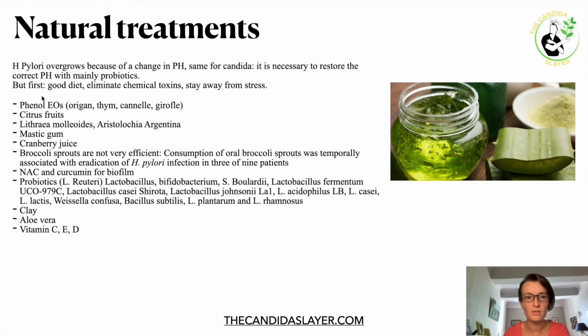So that is great, but I would not recommend that at first. At first, you need to heal your stomach, to heal the tissues of your stomach before taking these things, okay?